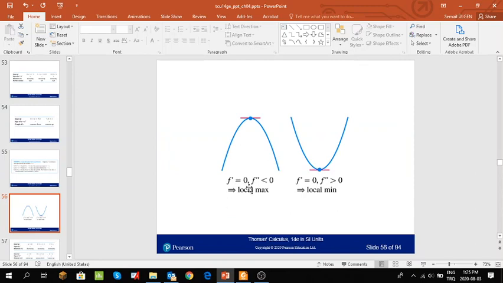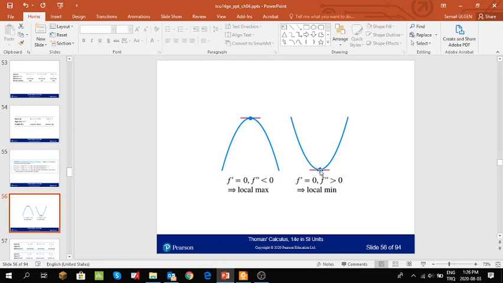Let's say at this point the derivative is 0, and the second derivative is negative. Second derivative negative at this point means it's concave down. Whenever you have a concave down position and the derivative is 0, it is obviously a local max. Look at that.